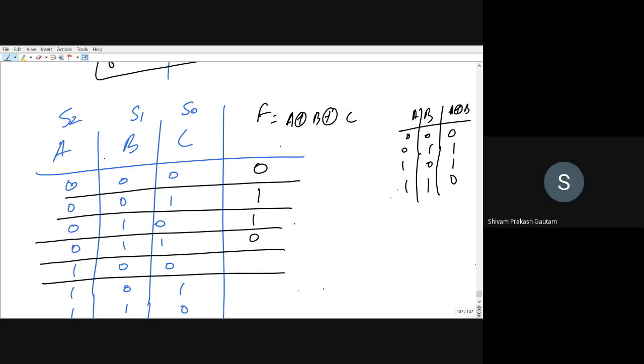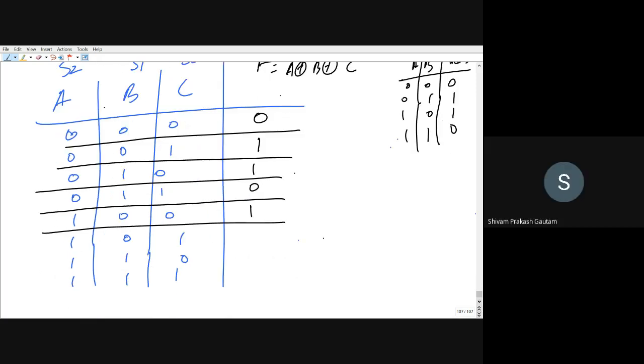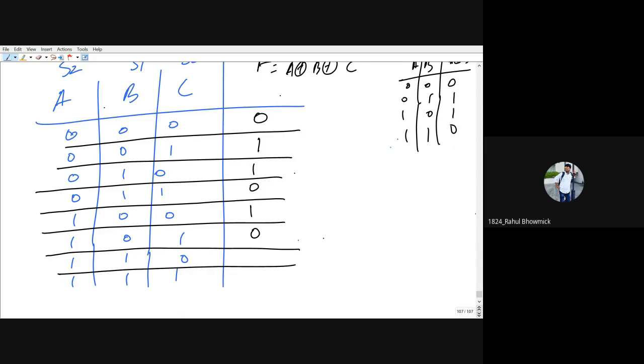In this case? 1. 1 XOR with 0 will be 1. In this case? 0. In this case? 0. In the last case? 1. Right?